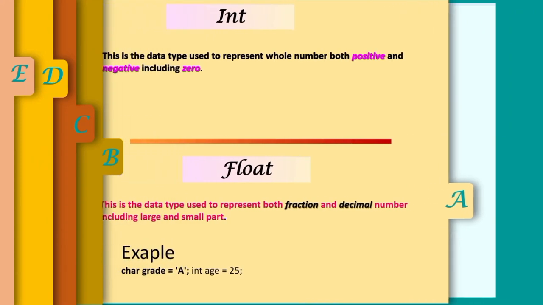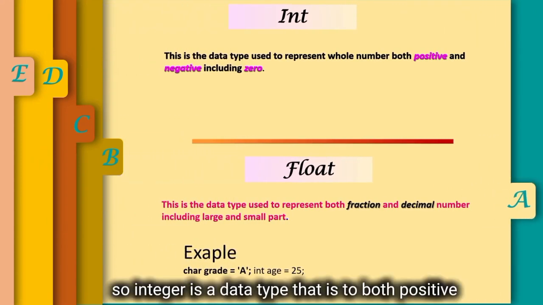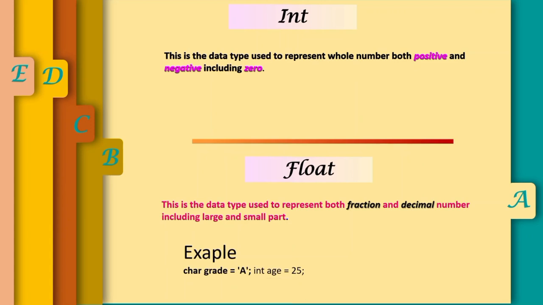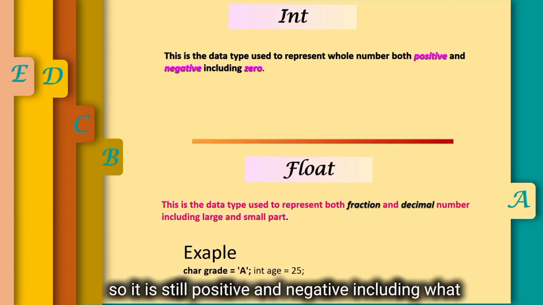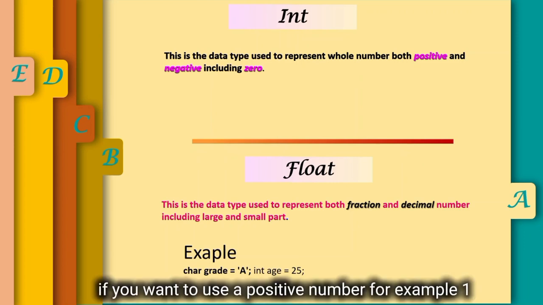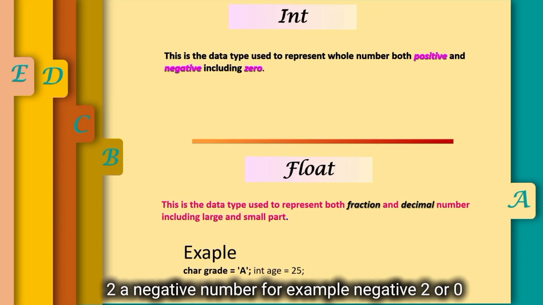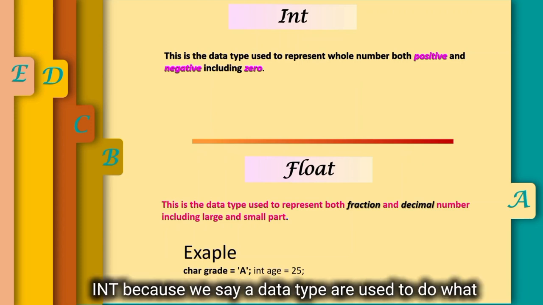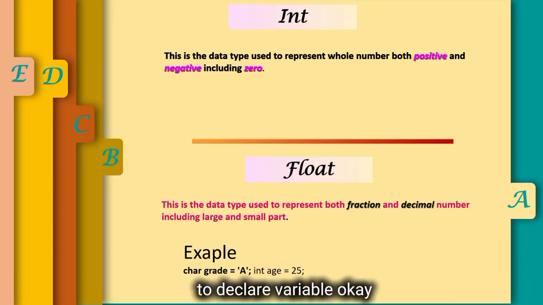To begin with, integer. Integer is a data type used for both positive and negative numbers, including 0. So in your program, if you want to use a positive number, for example 1 or 2, a negative number, for example negative 2, or 0, you need to declare it with int, because a data type is used to declare variables and define the type of data that they can hold.